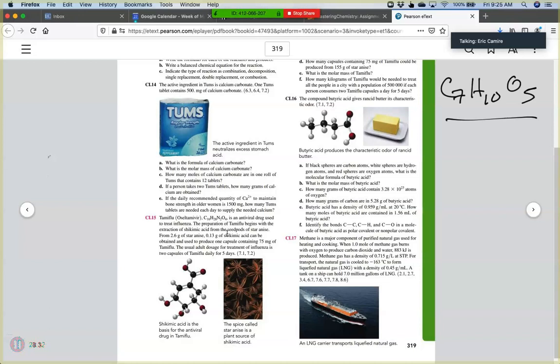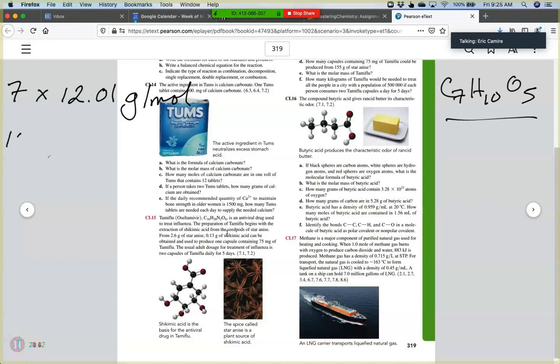I'm just going to go to 3 significant figures. We know we have 7 carbons. If we look at the periodic table, the molar mass of carbon is 12.01 grams per mole. We used to talk about it in terms of AMU, or atomic mass unit, which was for the weight of 1 atom, but now we're talking about a mole of carbon, so it weighs 12 grams.